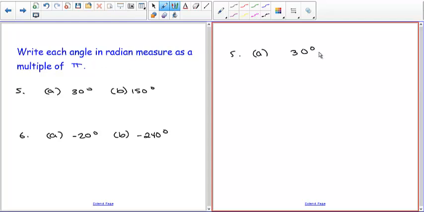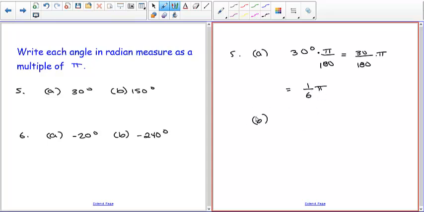So if you want to convert from degrees to radians, you multiply by pi and divide by 180. And what you can see is that if I do that approach, I can group the two integer parts together. And when I simplify that fraction, it'll be 1/6. You can divide this by 30 and this by 30. So you get 1/6 pi. So that's the multiple of pi approach.